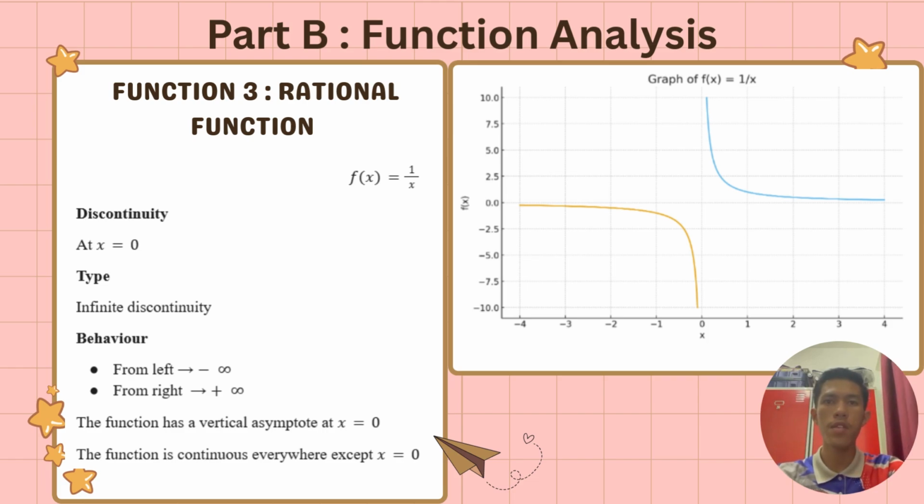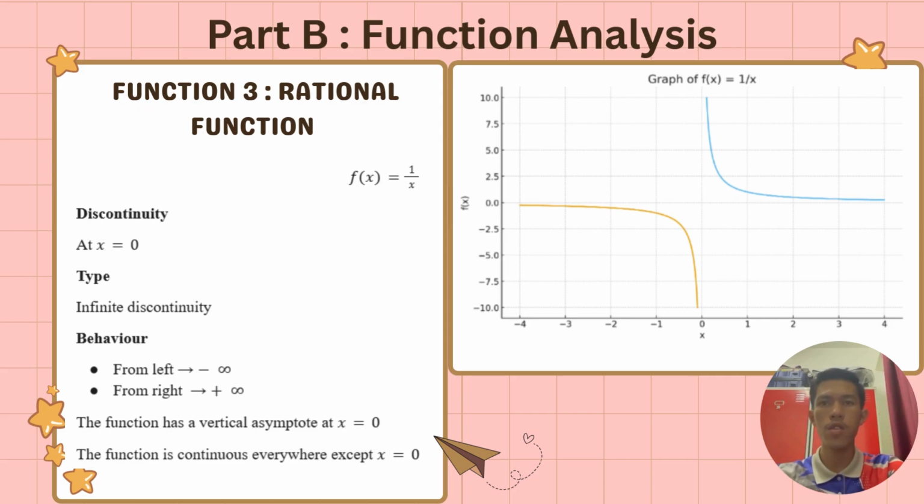For f(x) = 1/x, the denominator is 0 at x = 0. But unlike the first function, we cannot factor and cancel out the problematic term in the denominator. That leads us to a much more dramatic type of break, an infinite discontinuity.